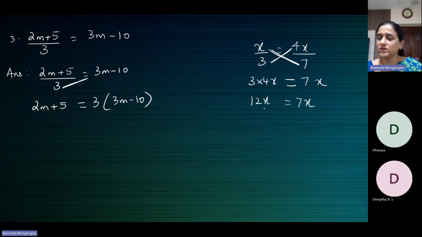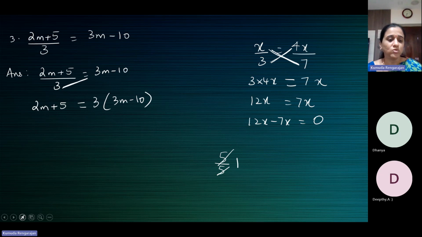Now 7x comes to the left hand side. So 12x minus 7x is equal to 0. There's nothing on the right hand side, which means it's 0. It's not 1. When do you get 1? Like when you have, say, 5 by 5. When you cancel, then it is 1. Here it is 0 because there is no term there.